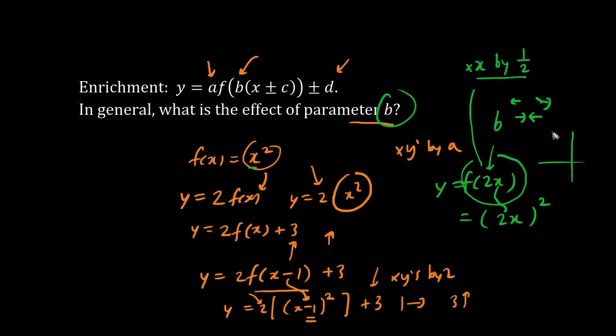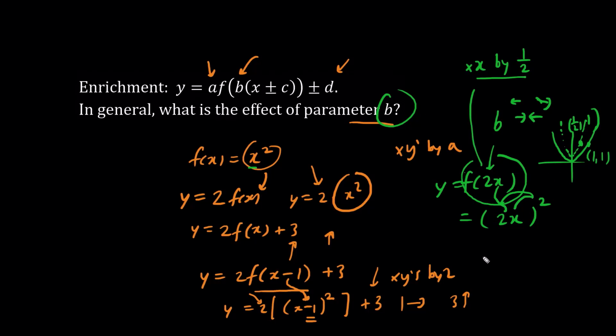So what used to be a parabola that looks like this, that cuts through (1, 1), now becomes skinnier. So the x value is no longer 1, but it's now 1/2, but the y value remains unchanged. And by the way, this skinnier graph can also be thought of as a vertical stretch.